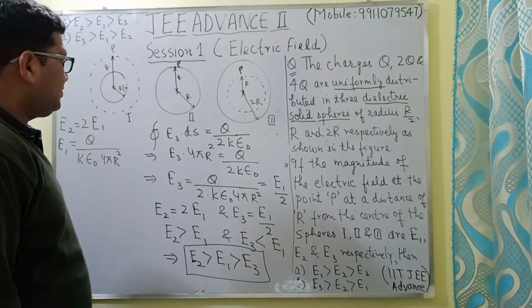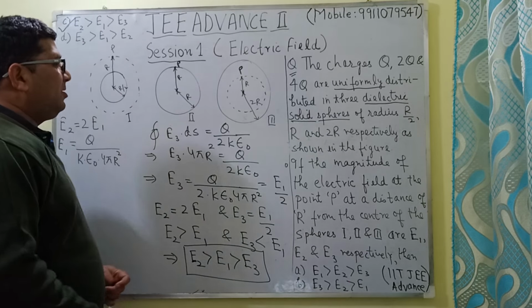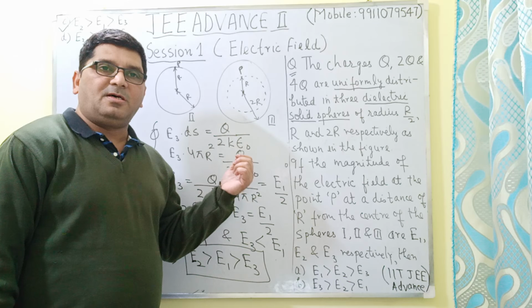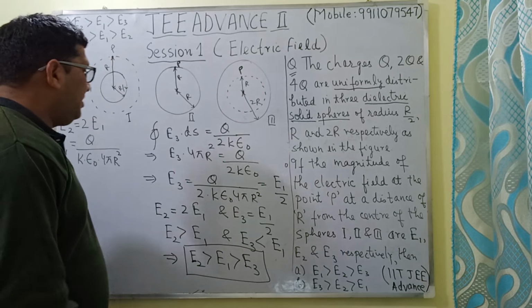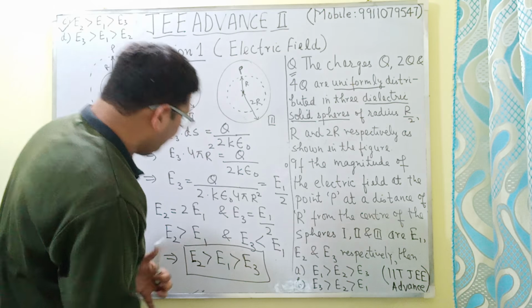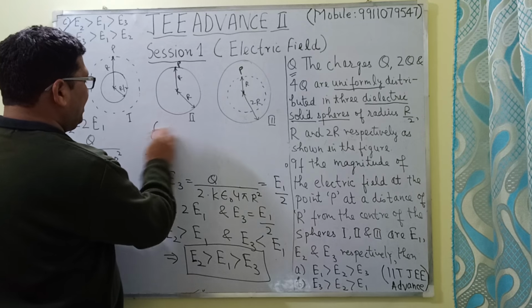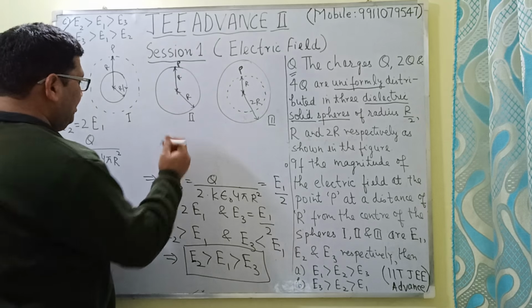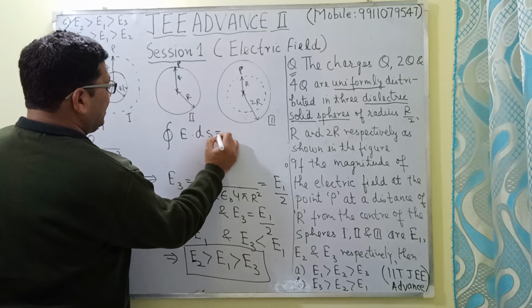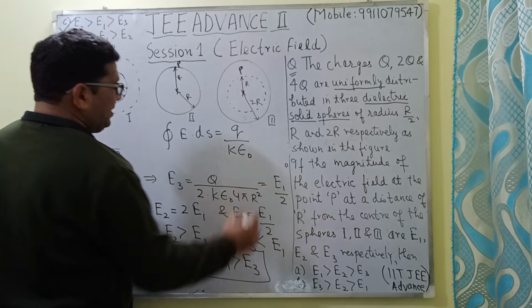In this question, the most important thing which we have to remember was that Gauss law, in the case of a dielectric medium, is given by the formula: the integral of E dot ds is equal to Q divided by K epsilon naught.